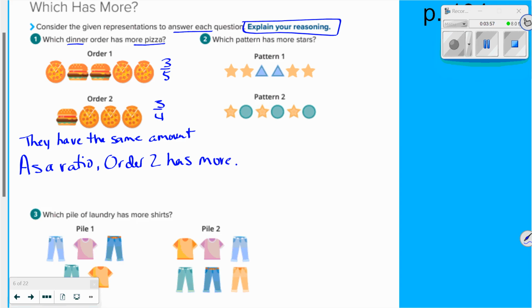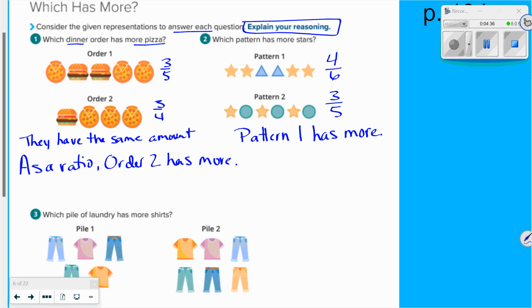What did number 4 ask? So your type of reasoning and what answer you got. Okay, what about for pattern 1? Which one has more? Okay, so pattern 1 has more. What if I look at ratio reasoning? One is 4 out of 6. One is 3 out of 5.